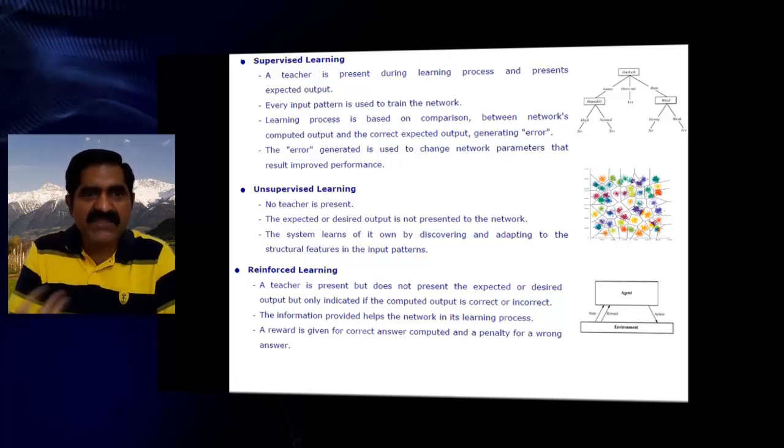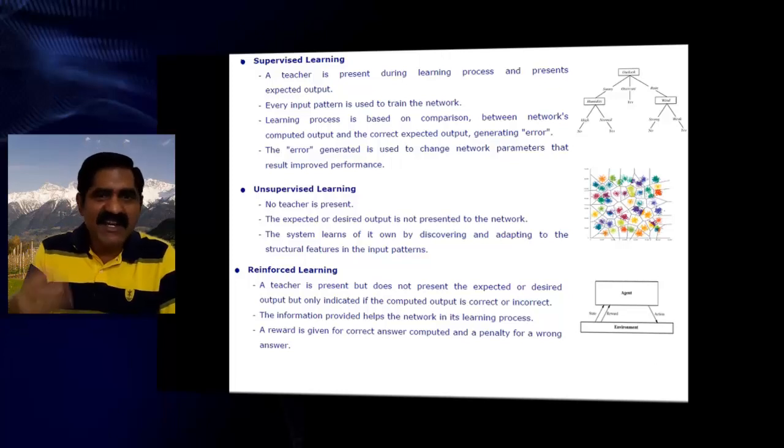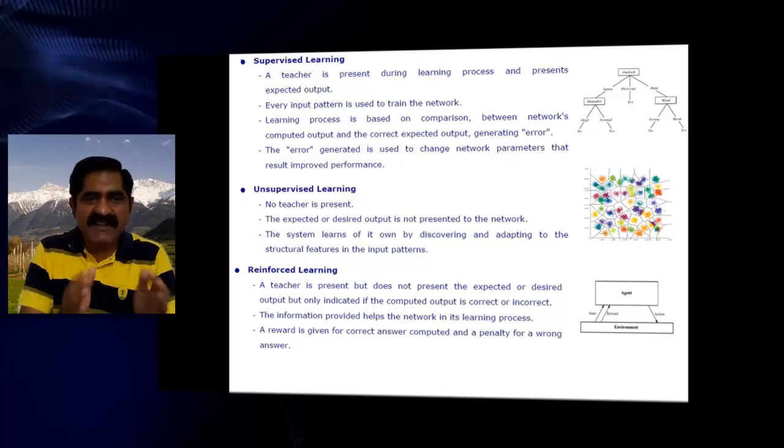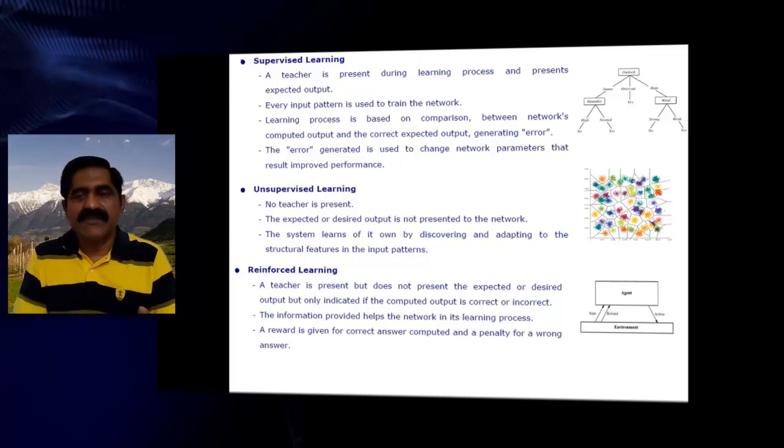The third one is reinforced learning. Here the teacher is present, but he will not indicate the expected or desired output. What is required, like that labeling, he will not discuss. Suppose you do something, you learn something, and that learned thing is right or wrong. If it is right, a reward is given to you, otherwise a penalty is given to you.